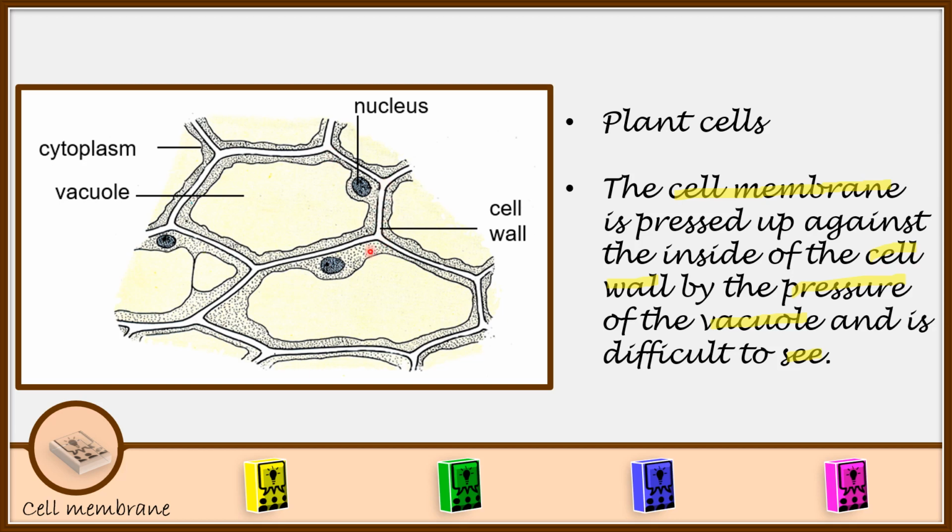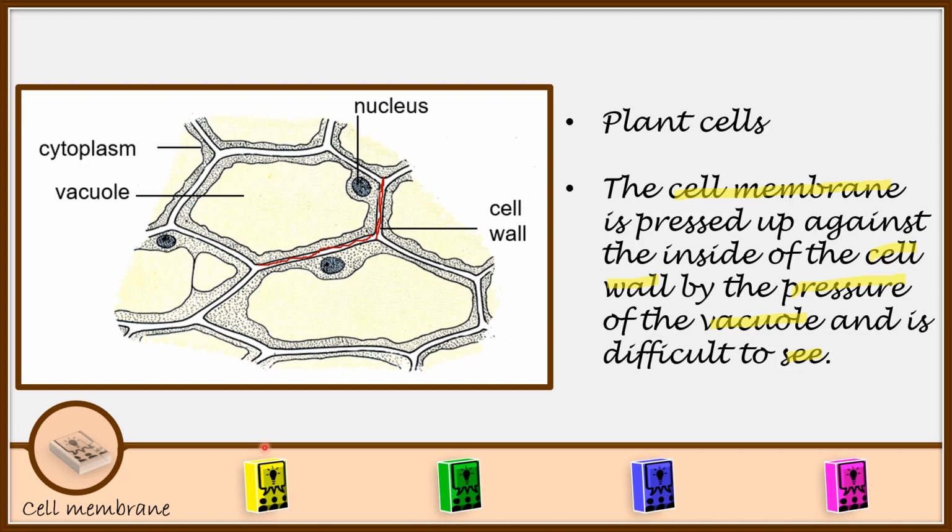What you are seeing, this line here, is the cell wall. Now the cell wall, we can say that the white tube is our cell wall. Inside it there is a black line.